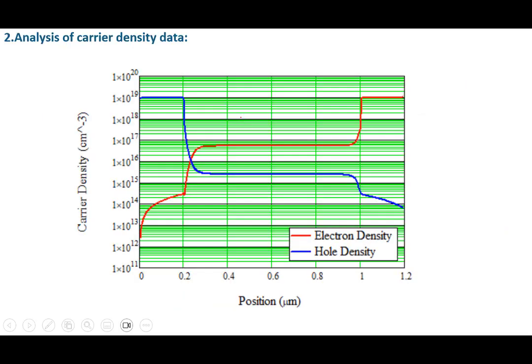Right, now the next part is there are 2 kinds of data. There is a carrier density data and there is a current density data. Whenever some things vary a lot, if you look at carrier density, let's focus on the hole density. We've already said hole density starts here and varies so much.